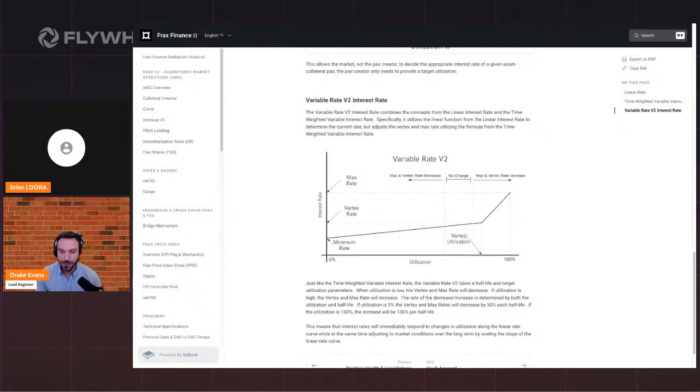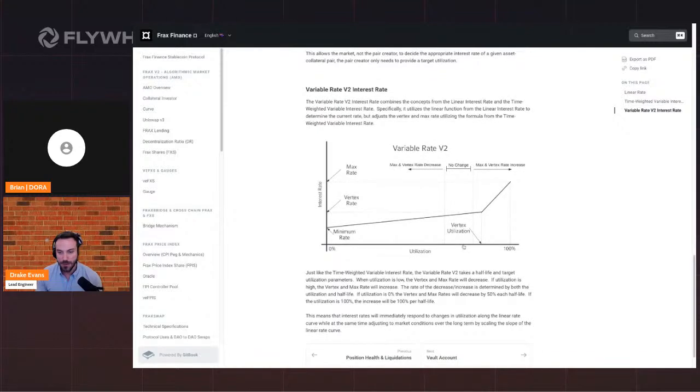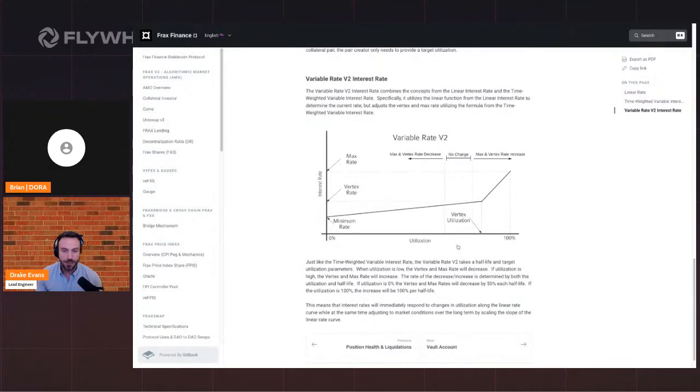Typically what we see is the interest rate just above this cutoff point, and we see interest rates moving a few percentage points in relative terms every day until the market reaches equilibrium. We've had a lot of success with this model, but it does introduce a little bit of nuance and complexity that is unique to FraxLend. The nice thing is that we haven't had to constantly manage the curves for our pairs, and it's really reduced the governance load for the protocol.